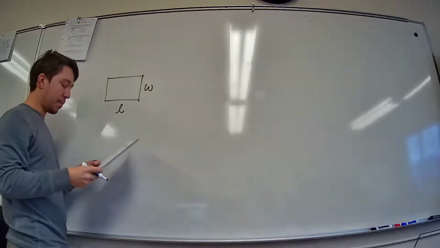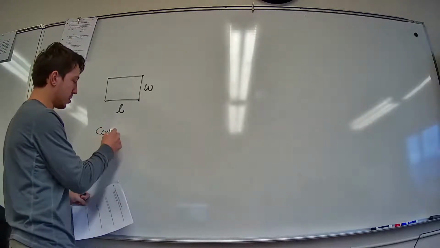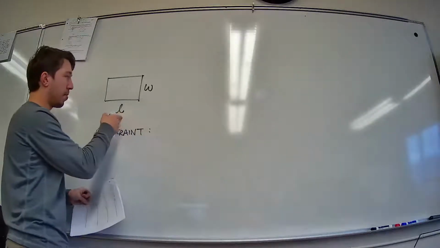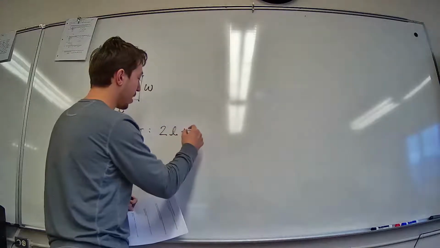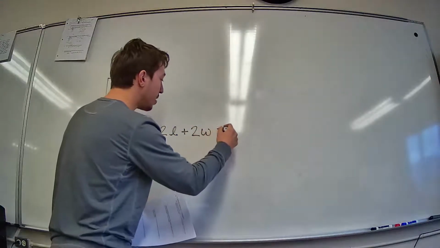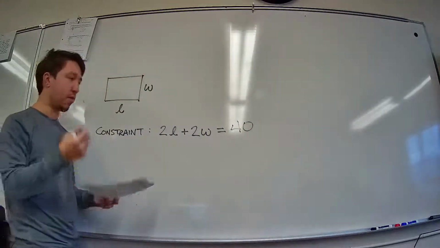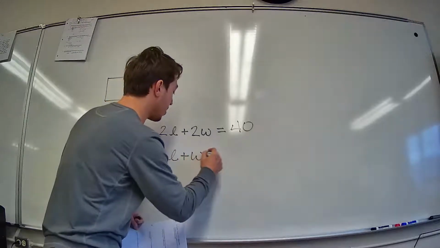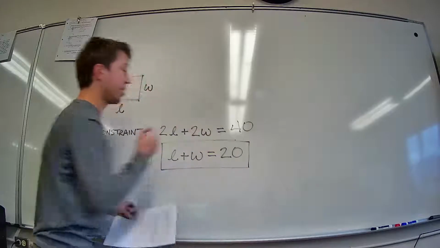When it says the perimeter is 40, that's your constraint. So the constraint would be that 2 times L plus 2 times W is 40. We could, of course, rewrite that constraint as L plus W equals 20. That's an equivalent constraint, and a lot easier to work with.